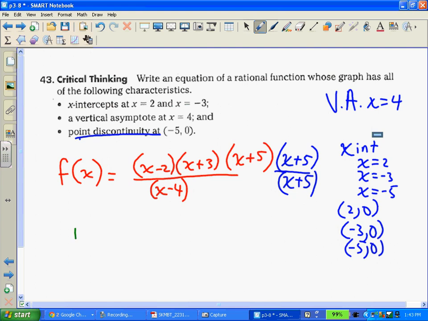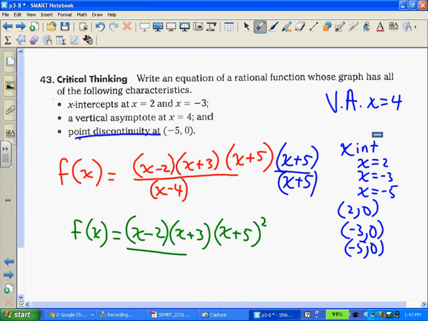So the function f of x equals (x minus 2) times (x plus 3) times (x plus 5) squared, over (x minus 4) times (x plus 5), meets the criteria that this problem gives us.